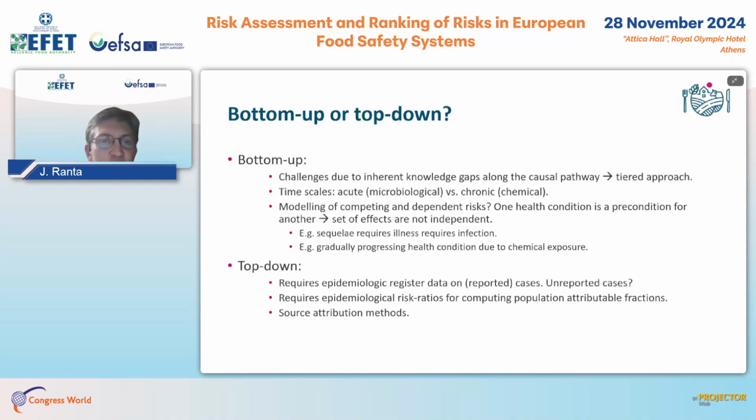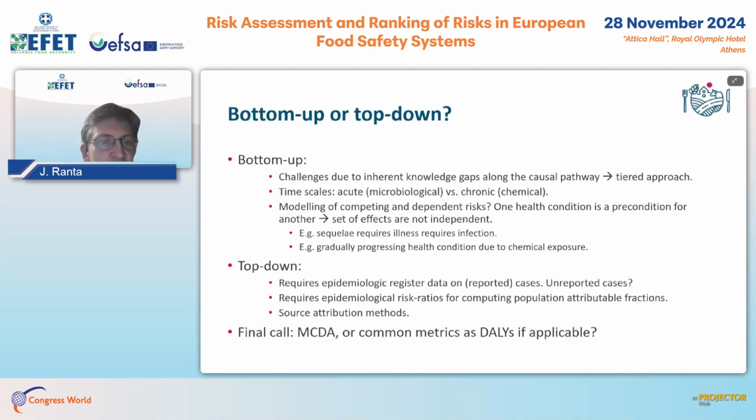And then it also would need epidemiological data about risk ratios for chemical effects for computing the population attributable fractions. And for microbiological things, it might need source attribution methods. So that's another type of difficulty in this approach.